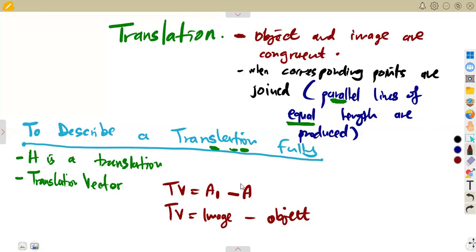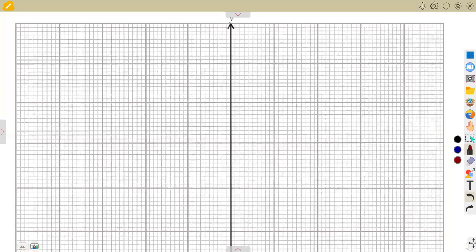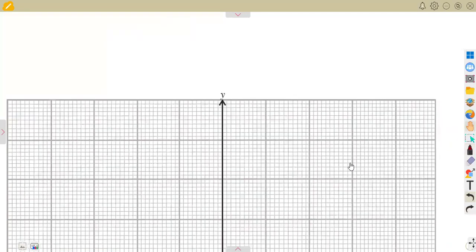I'm going to explain this in detail in the next examples. This is what you need. Geometrical transformation is one of the easiest topics in our syllabus, if you know that.